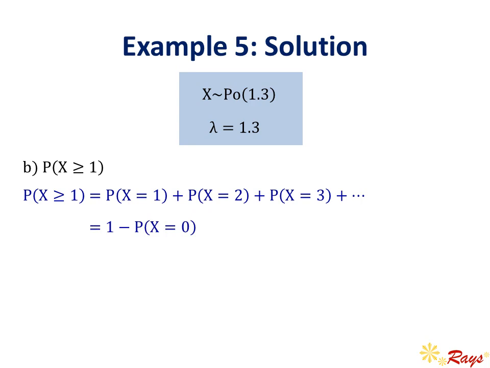So instead of doing so, we just write it as 1 minus whatever is not included in here. What's not included is the probability of x equals 0. Plug the values into the formula, and that is our answer.